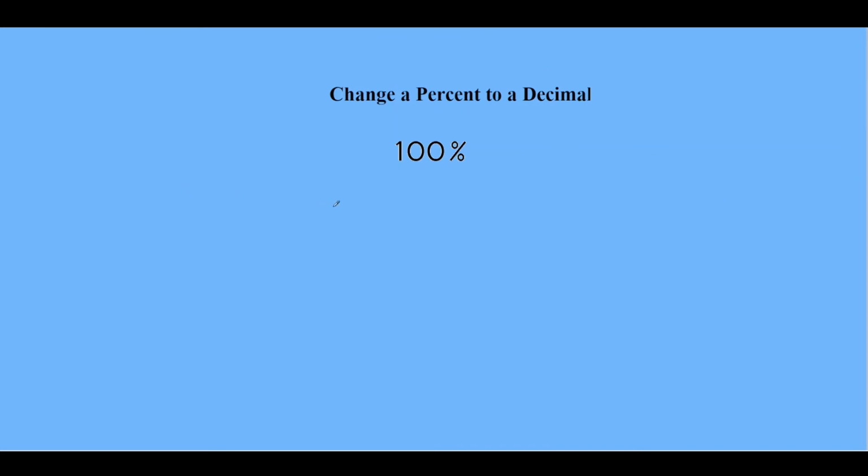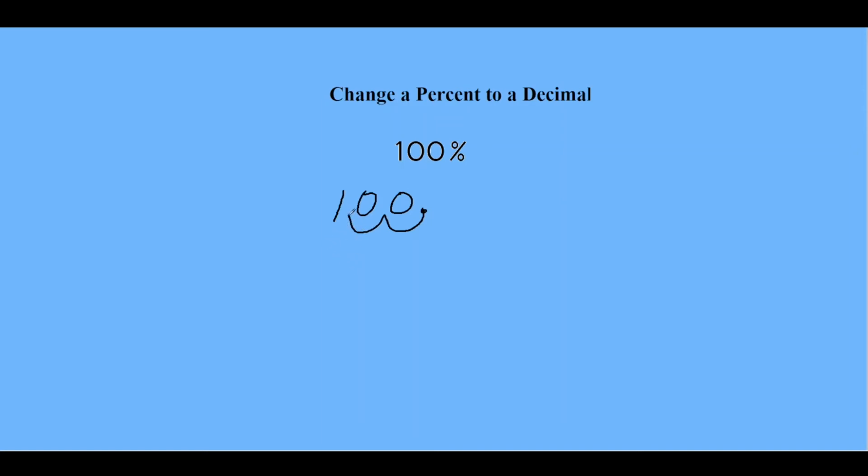100%. All right, the first step is to get rid of the percentage. So I have the number 100. At the end of every number is a decimal point. If there isn't a decimal point, you can put one right here. And then all I have to do is move it over 1 and 2 spots.